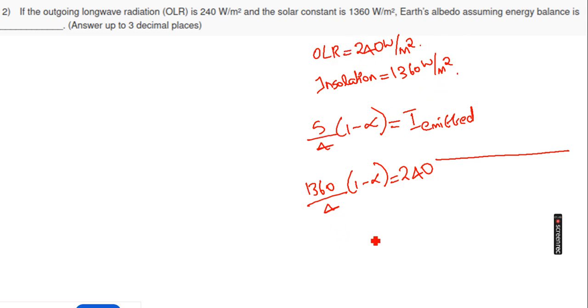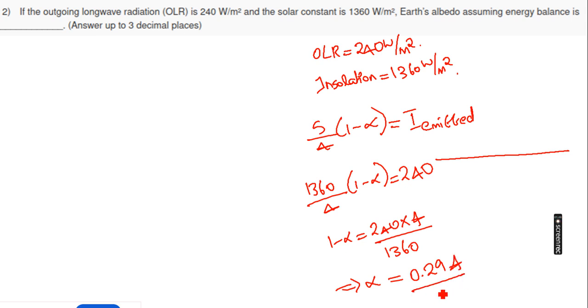So in this case, what will be the value of alpha? 1 minus alpha will be 240 into 4 divided by 1360, which implies alpha will be, what will be the value of alpha? Yes, it will be 0.29.